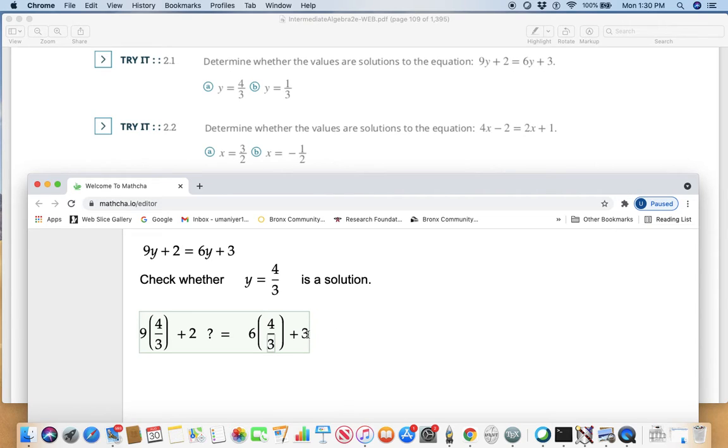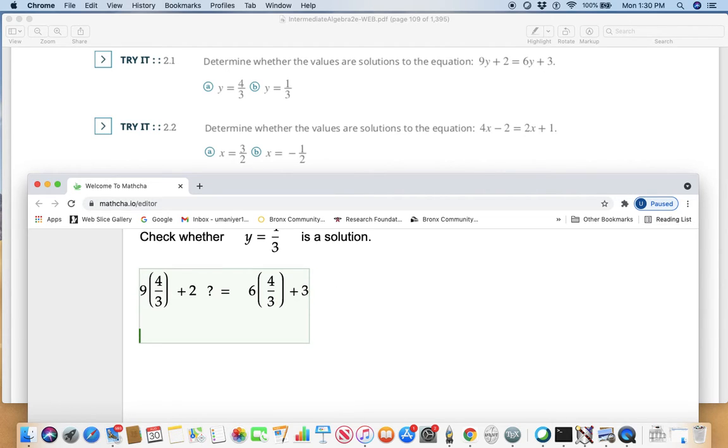All right. So we want to check whether this side is equal to this side. 3 reduces 9 3 times. 3 times 4 plus 2.